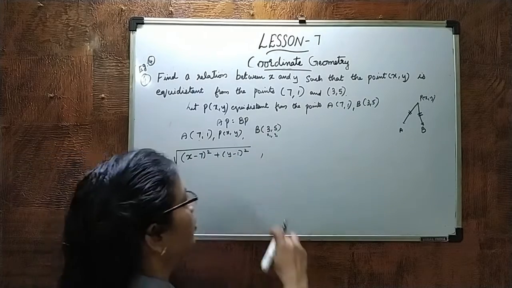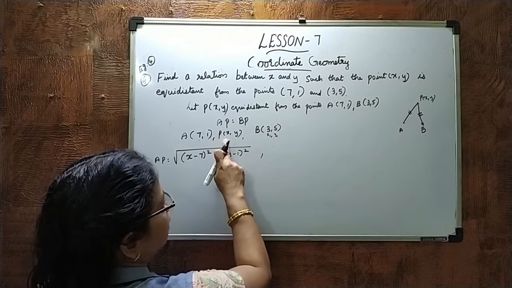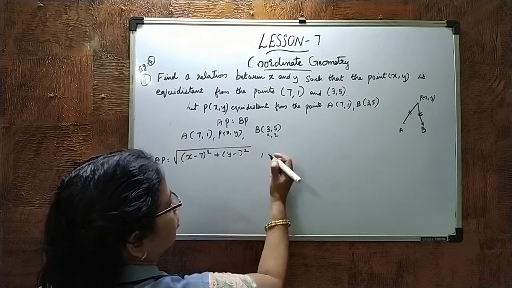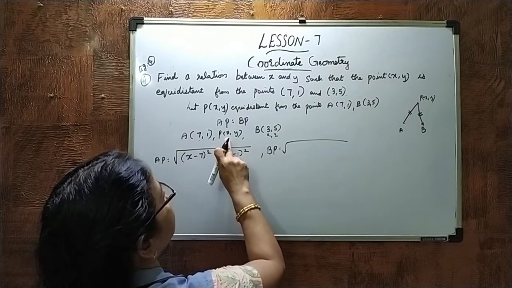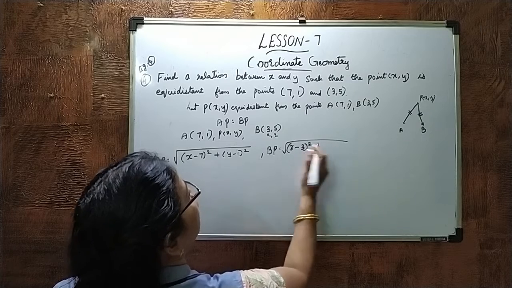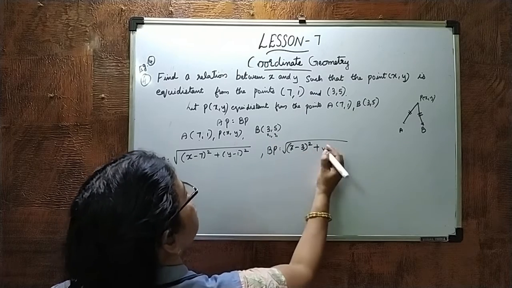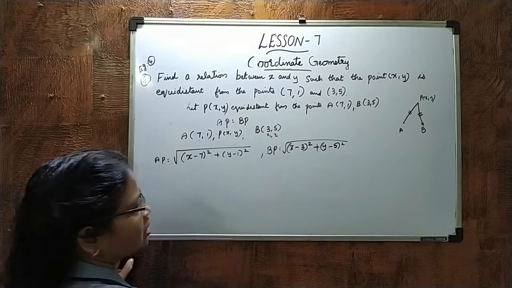What about BP? So, here B is (x1, y1) and P is (x, y), that means x2 y2. So, BP equals root of (x minus 3) the whole square plus (y minus 5) the whole square. Now, what is the next step?